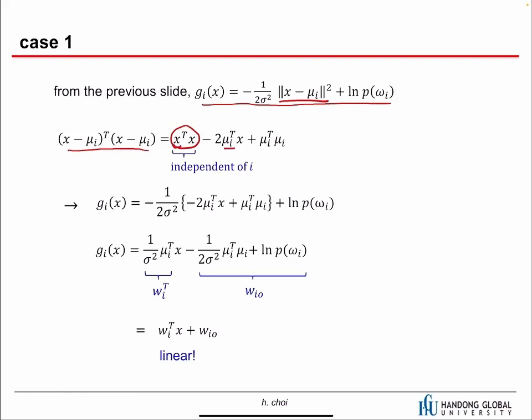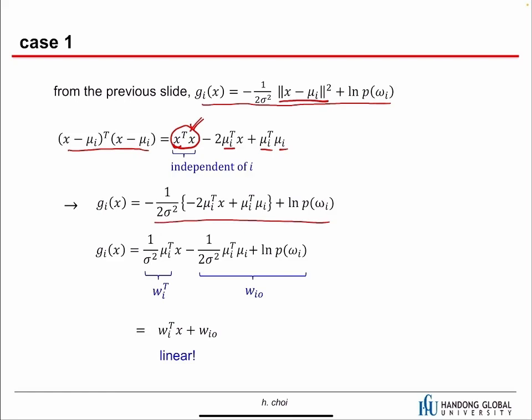We have class i here and here, so this term can be deleted from g sub i. What we are doing here is deleting all the terms that are independent of class, because these terms have nothing to do with classification. So we just delete this term, and now g sub i looks like this.